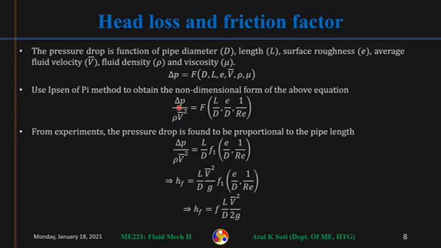Remember that this is a horizontal pipe with uniform cross section, and we are trying to correlate the pressure drop occurring across the inlet and outlet.